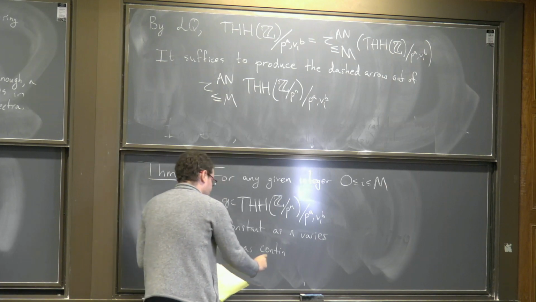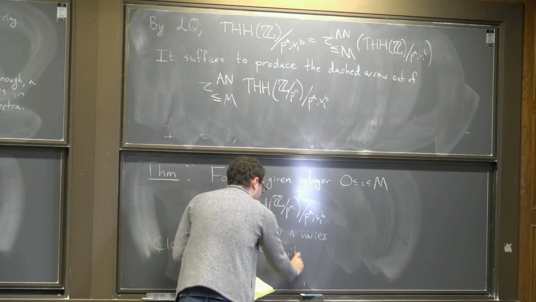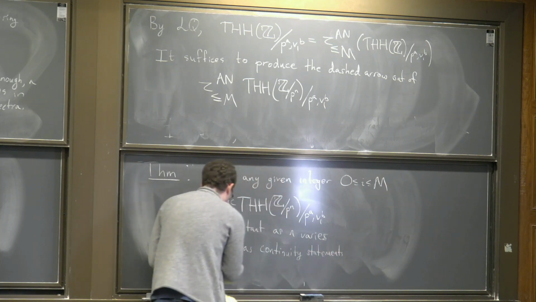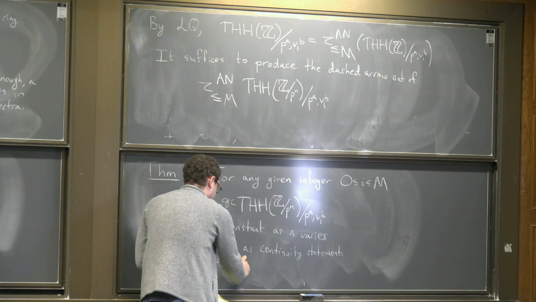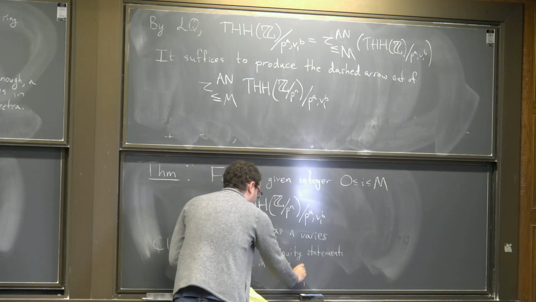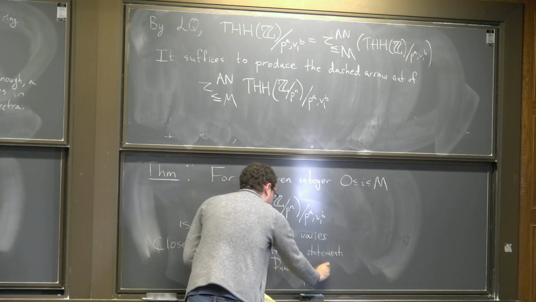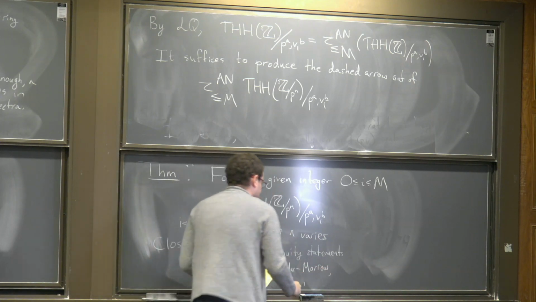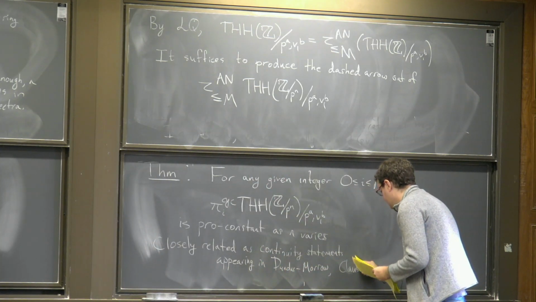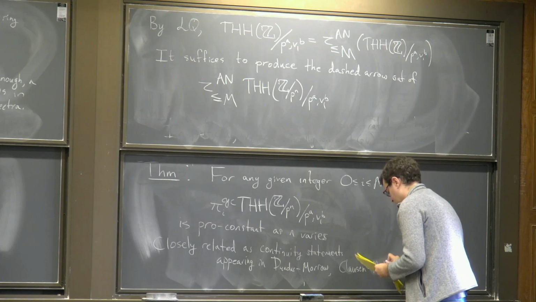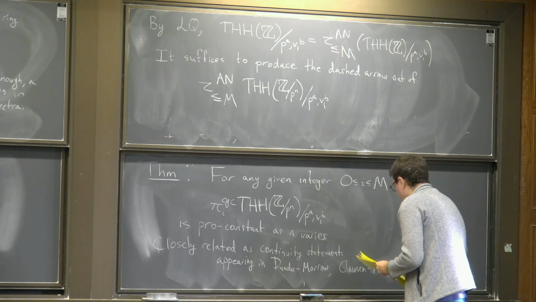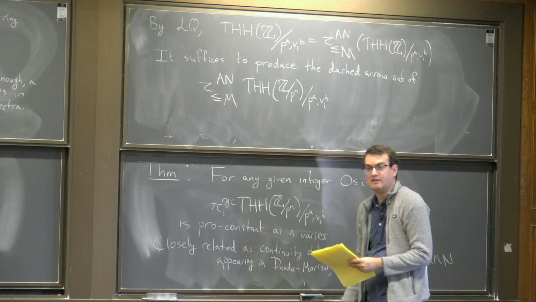So this is closely related to continuity statements appearing in work of Dundas-Morrow. There's some statements along these lines in papers of Clausen-Mathew, and also in Antieau-Mathew-Morrow-Nikolaus, this Beilinson fiber square paper.